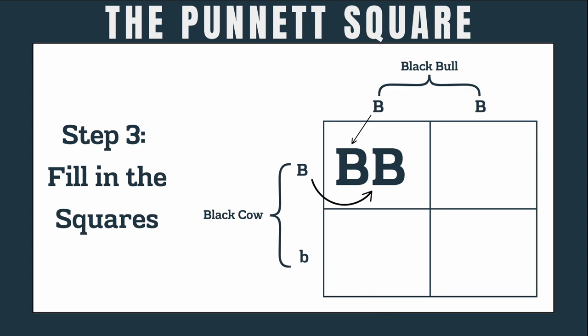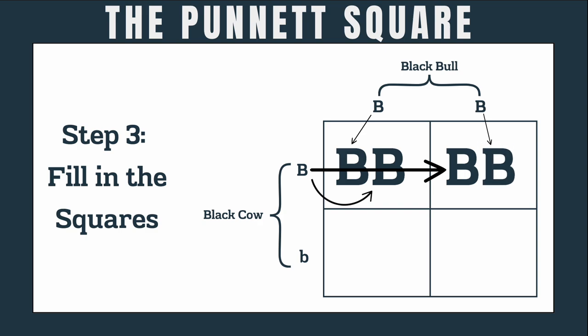So here's another question. Does it matter which one comes down and which one comes over? Not necessarily, because they're both going to end up in this box. What matters is that you have the dominant trait first. So this one has 2 dominant traits, and this one's going to have 2 dominant traits as well.